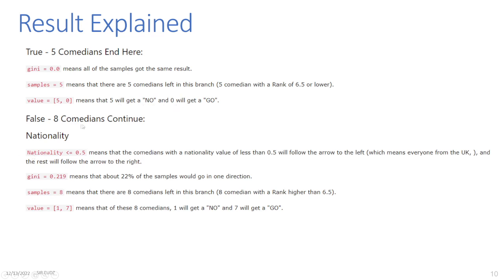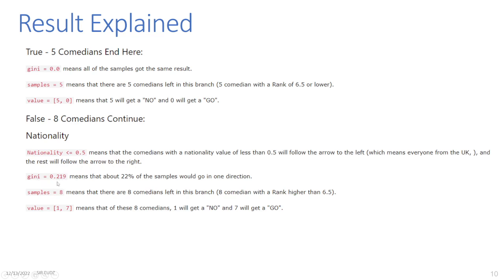And for the false one, 8 comedians continue. Nationality, so nationality less than or equal to 0.5 means that the comedians with the nationality value of less than 0.5 will follow the arrow to the left, which means everyone from UK, and the rest will follow the arrow to the right.